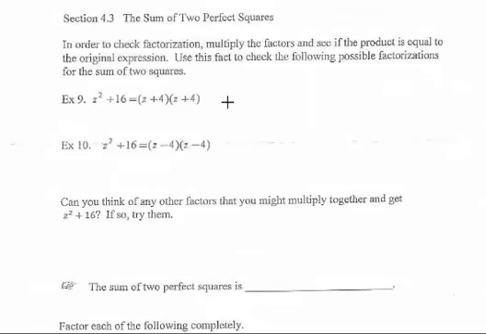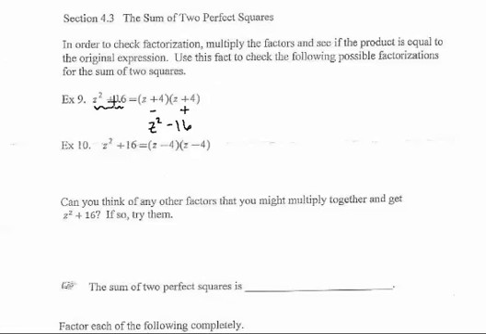Now you may be wondering about what if we were to put a plus sign between the two perfect squares. Well, we already know that if we try to factor it with a minus and a plus between the two, then we're simply going to get z squared minus 16, which doesn't match the polynomial that we're trying to actually factor here.